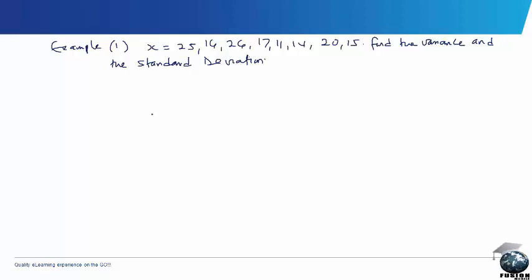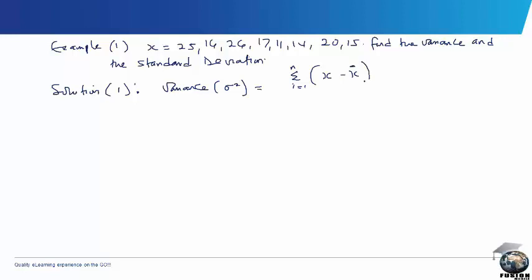All right, and for our solution, I'd like you to see how this works out. Solution for example 1, the variance itself is given as the summation from the first value of x to the last value of x minus x bar, x bar being the sample mean, all squared, all over n.